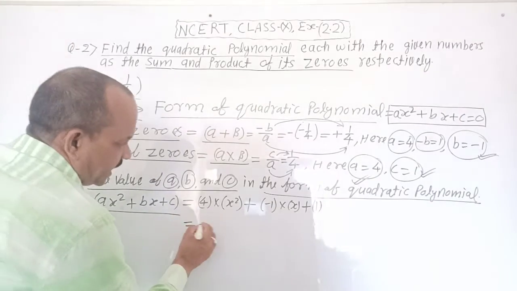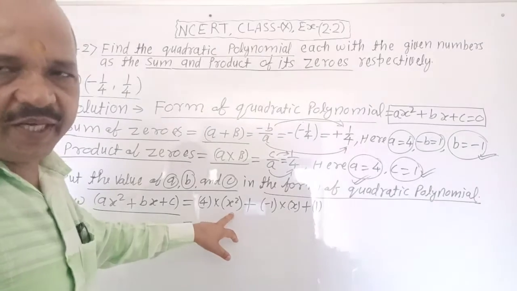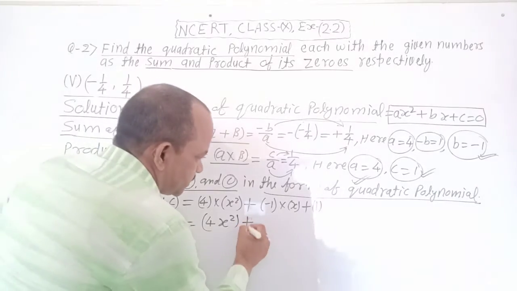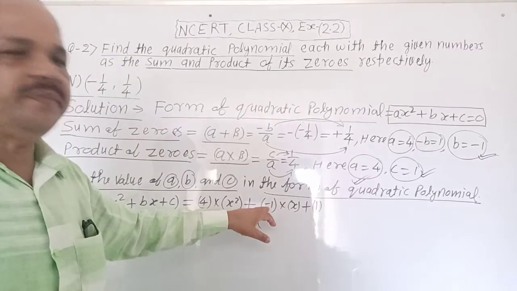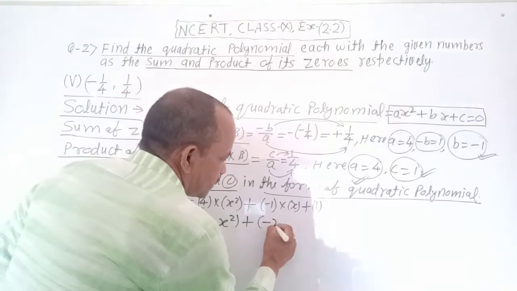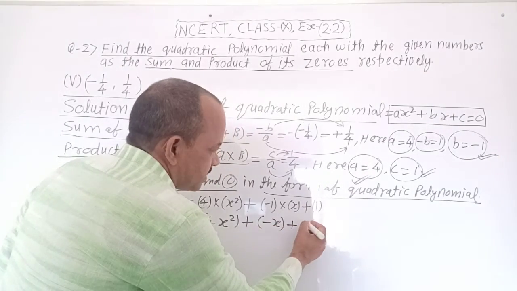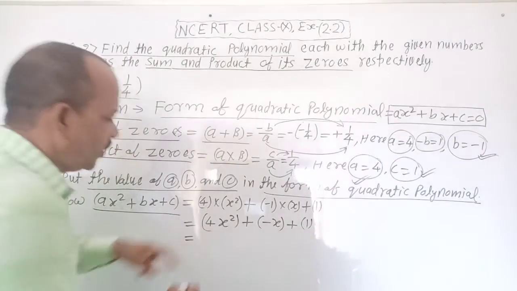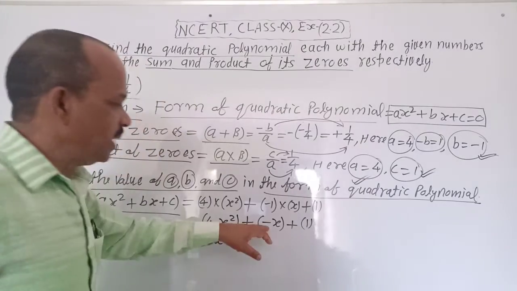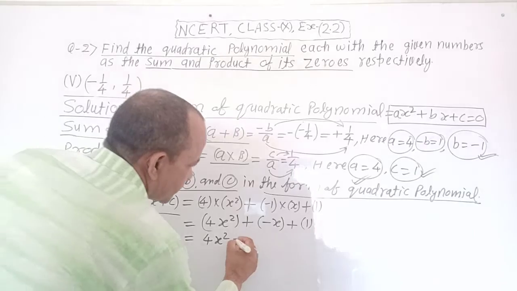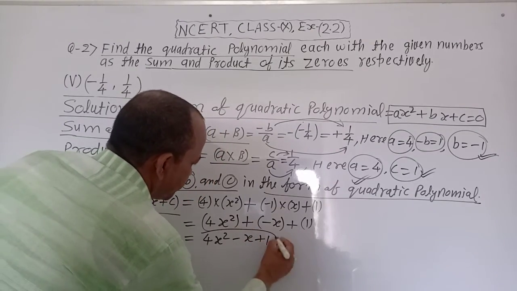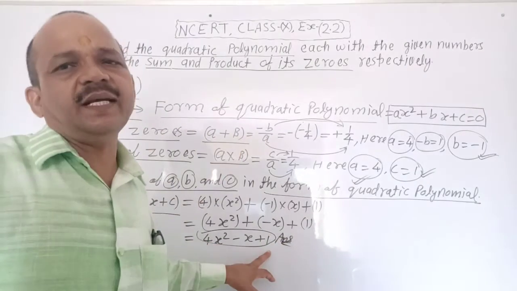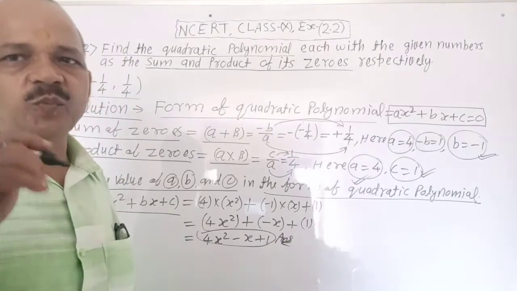Very good. You can write here 4 multiply x square become 4x square. 4x square plus, here x multiply minus 1 become minus x. Here plus 1. Clear? You can write 4x square minus x plus 1. Answer. You find 4x square minus x plus 1. It is a quadratic polynomial.